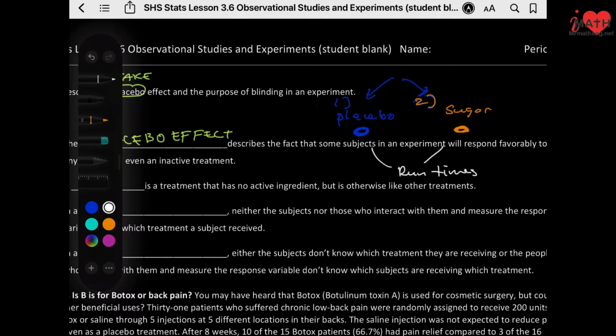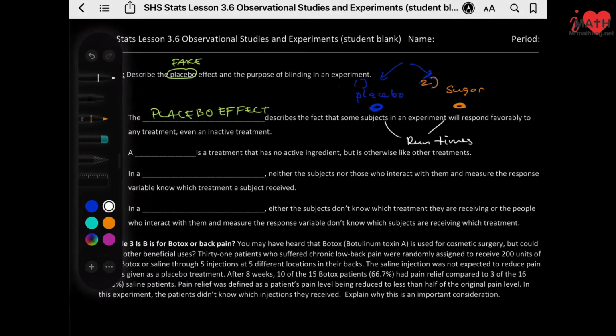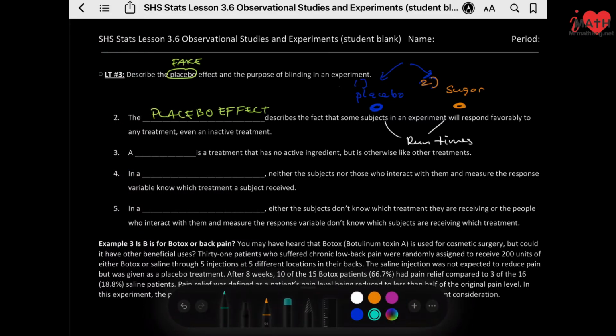Okay? So just because they think there's sugar in it, or it looks like candy to them, they actually might just run faster. Does that make sense? All right. A placebo is a treatment that has no active ingredient, but is otherwise like other treatments.